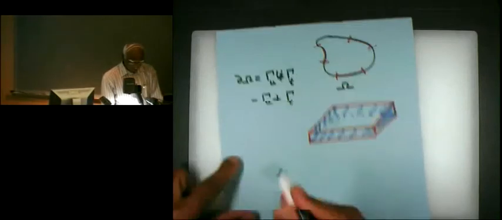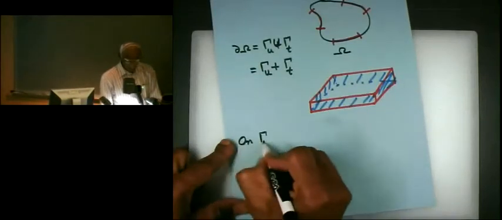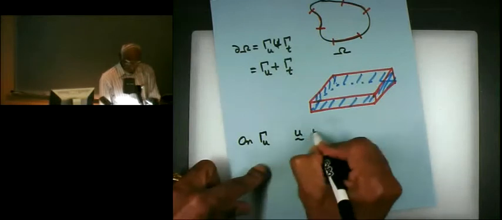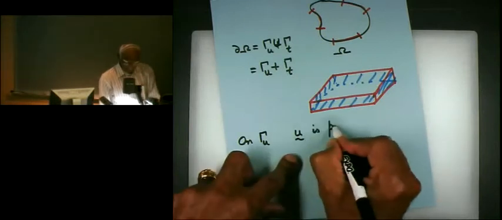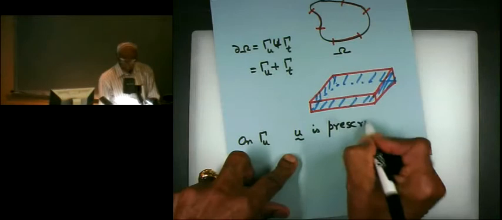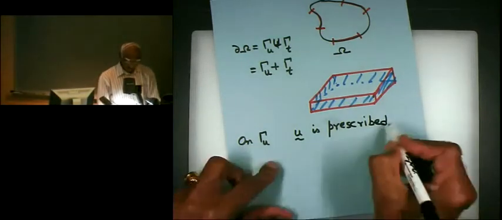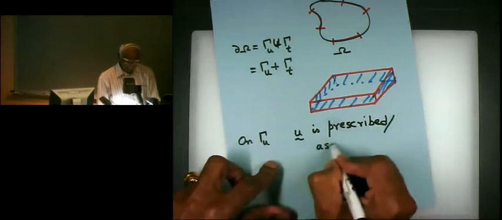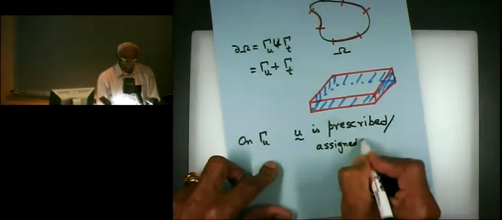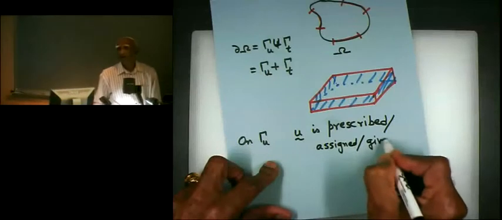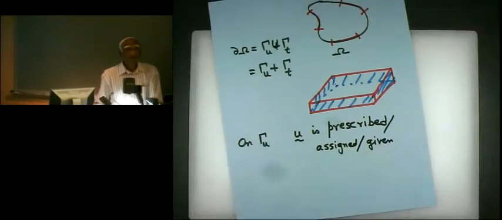Okay, so on gamma u, u is prescribed. We use the word prescribed or assigned or given. All three mean the same thing. Displacement is given, or is prescribed, or is assigned.